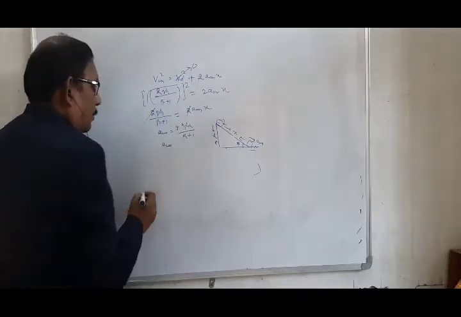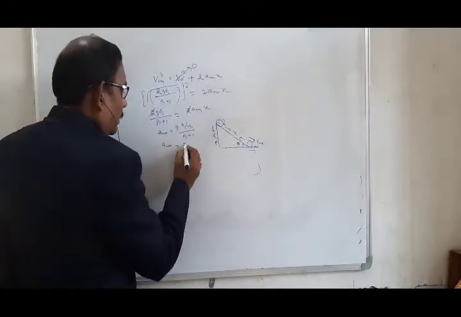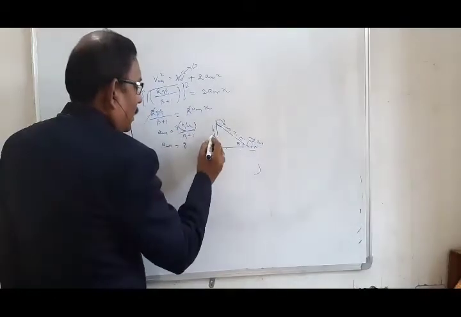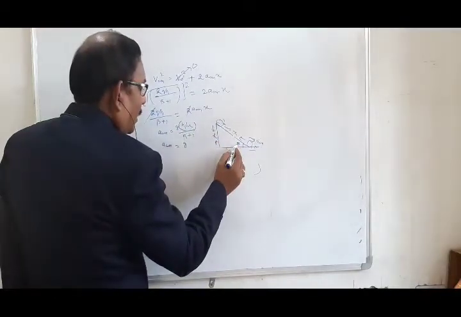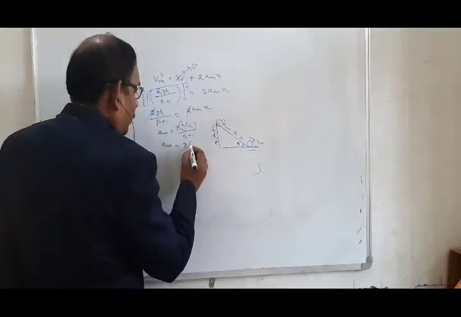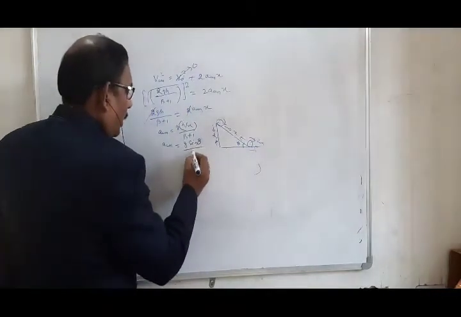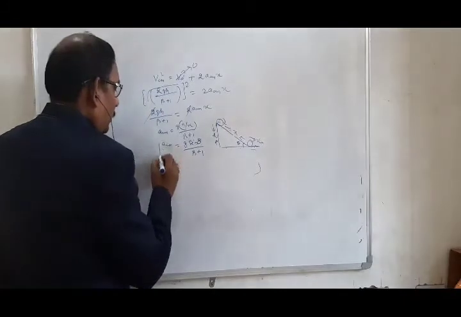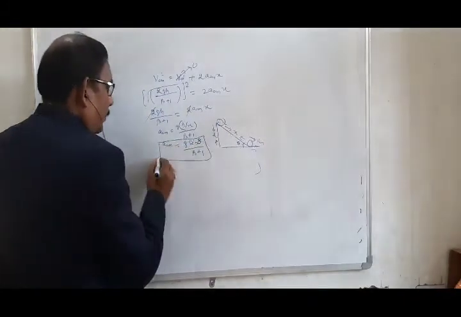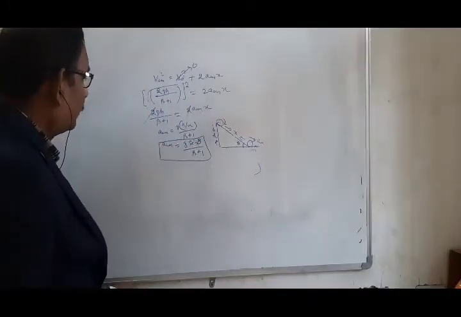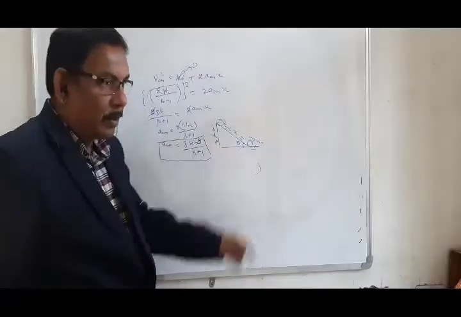The acceleration of the center of mass is g h by x, and h by x is sin theta, divided by beta plus 1. Okay. So this is the acceleration of the rigid body.